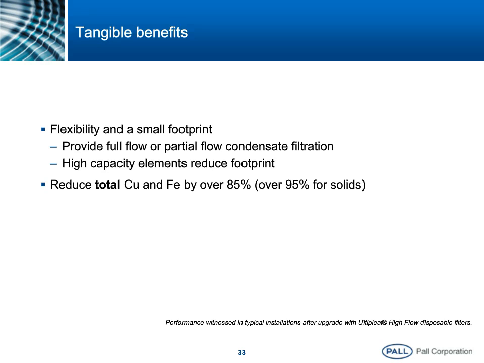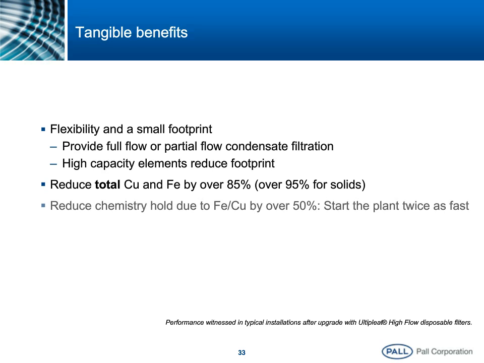If we only looked at solids, we would have an efficiency above 95% for particles. So basically almost all particles are removed before they have a chance to get to the boiler. You get to reduce, therefore, your chemistry hold due to iron or copper by over 50%. That is how we start the plant twice as fast.